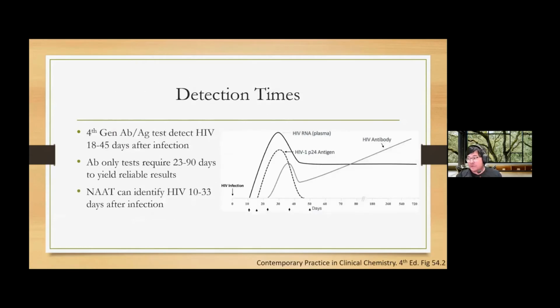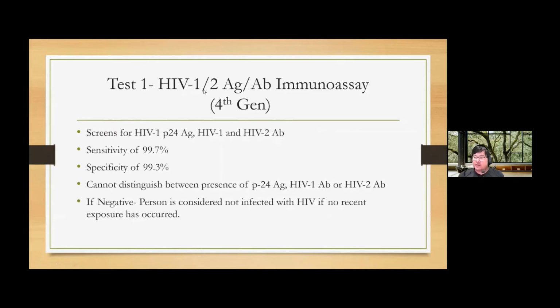So let's talk about the 3 tests. The first one is the combo HIV-1/2 antigen antibody immunoassay, also known as the 4th gen test, and I'll just refer to it as the 4th gen test from now on. The 3 things that we look for are the P24 antigen for HIV-1, HIV-1 antibody, and HIV-2 antibodies.